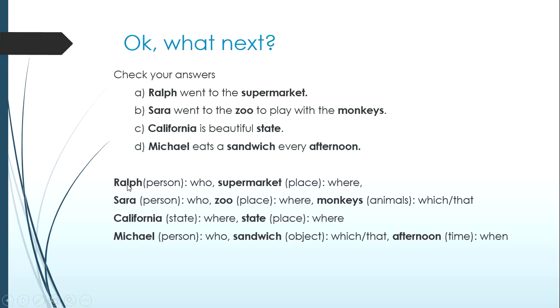So for example, here we have Ralph is a person, so then we have to use the relative pronoun who. Supermarket is the place, so we have to use where. And I'm just going to skip down here. Afternoon is a time, so we use when. Okay?